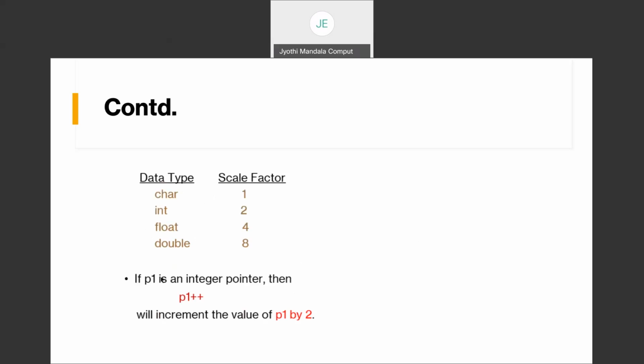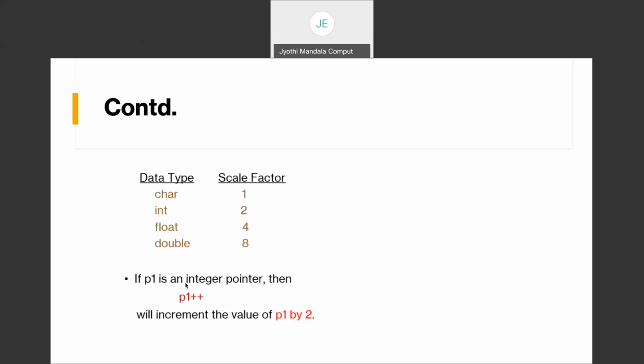Suppose P1 is pointing to an integer data type. Then P1 plus plus is nothing but P1 plus 1, and for that 1, what is the data type? Integer, so 2 needs to be considered. So we will be incrementing the value 2 times. We are not incrementing the value by 1 time. P1 plus plus is nothing but P1 plus 1 star 2.